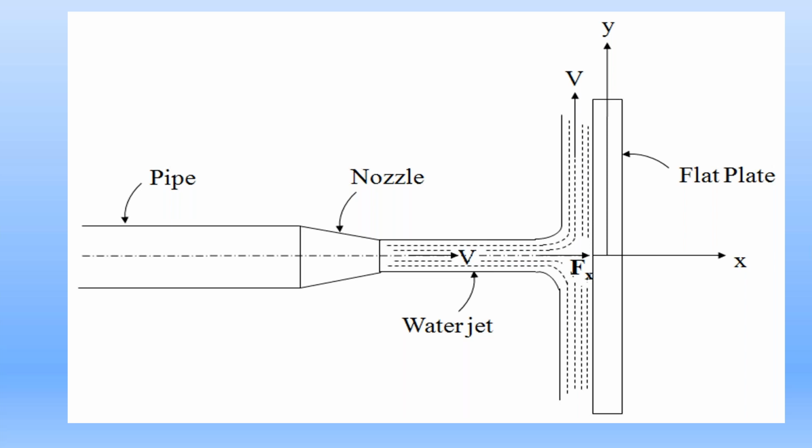Observe this diagram. Here, the initial velocity of the water jet is v. That initial velocity is in the direction of force Fx. What about this final velocity?